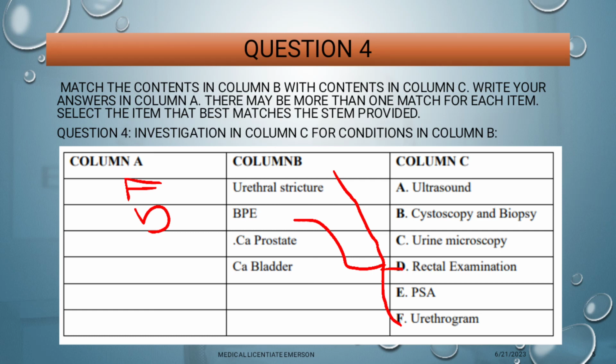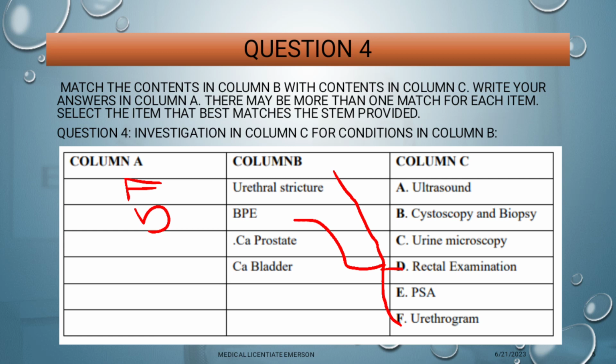But BPH is a histopathological type of diagnosis, because even if you touch and find that the prostate is enlarged, you can't say benign prostate hyperplasia, because you were not touching hyperplasia, you're just touching enlargement. So clinical diagnosis is BPE, histopathological is BPH. That's the way it's normally supposed to be.